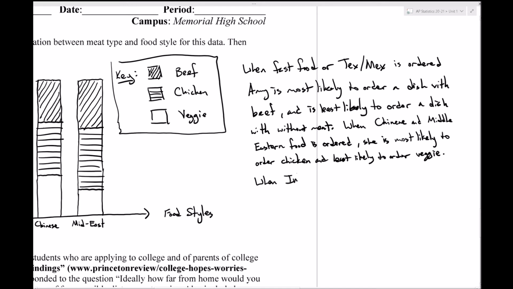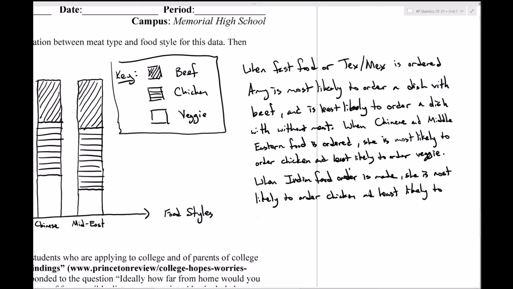When an Indian food order is made, she is most likely to order chicken and least likely to order beef.